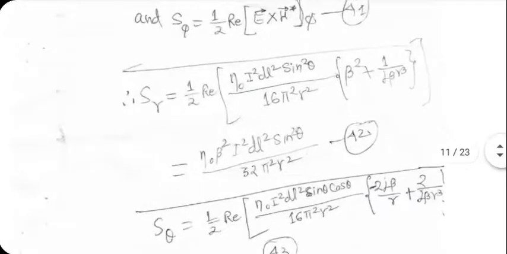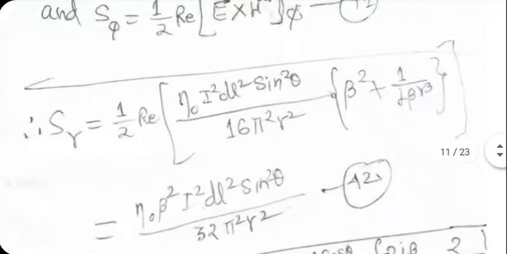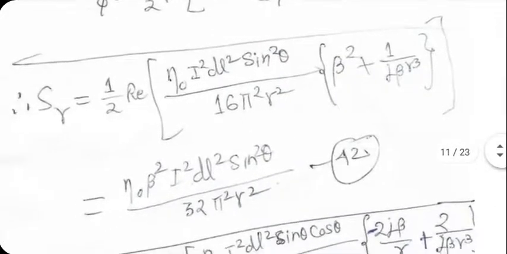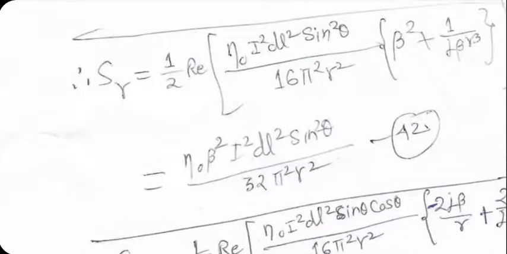S R value, where is it? Somewhere down there. Yeah, here. This is the one. Okay, S R. I'm writing only the far field in equation 42. I'm ignoring the near field. That's why I'm putting only the first term.